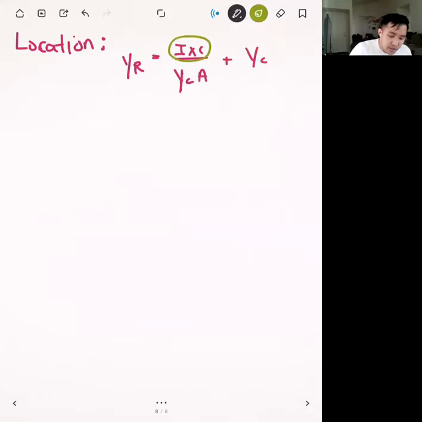So in order to compute the location, we need to compute I_xc and y_c. Let's start with I_xc because that one's a little bit simpler. I_xc is the moment of inertia of a circle. The formula escaped me, so I'm going to look it up in a table online.